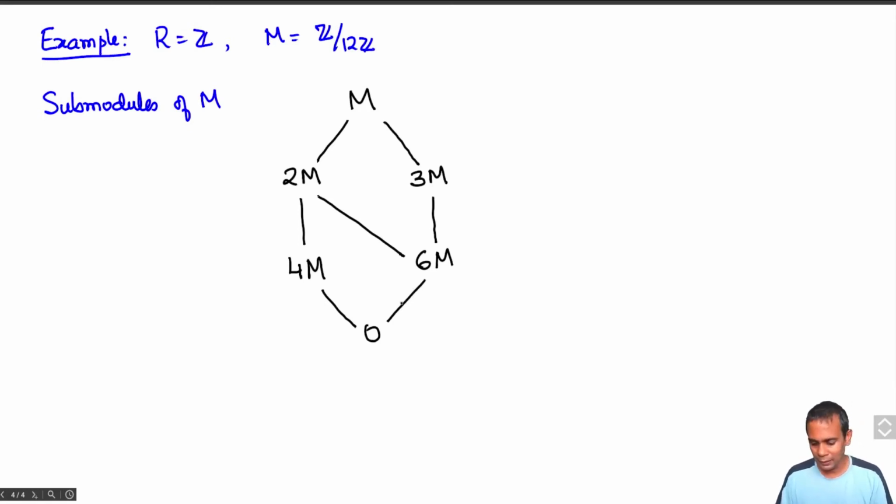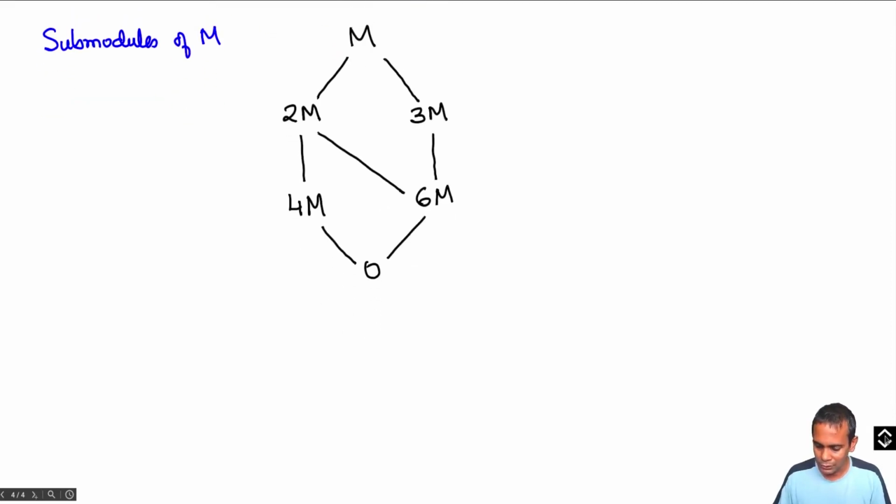And from this, we can write down all the composition series. They're just going to be sequences where you choose modules going down in chains in this diagram. But you don't have to take everything along a chain. So you start with M and you end with 0, and you can take a path going from M to 0 and pick some things along that path. So the smallest composition series that you can have is just the composition series which has 2 terms, that is n is equal to 1.